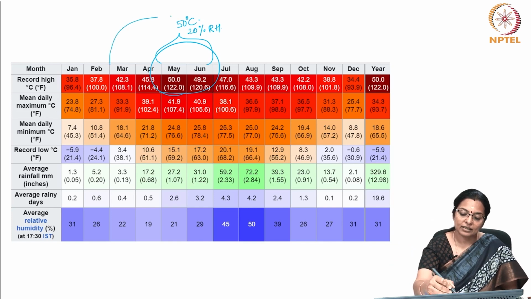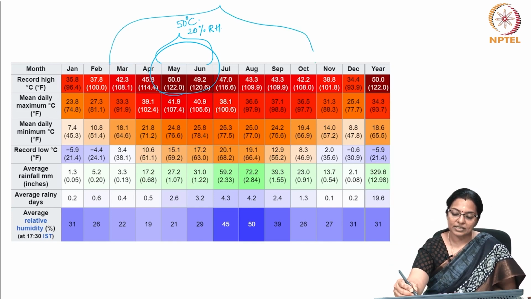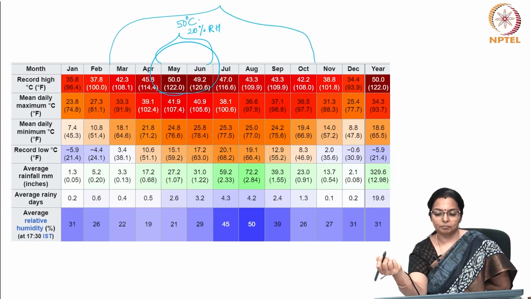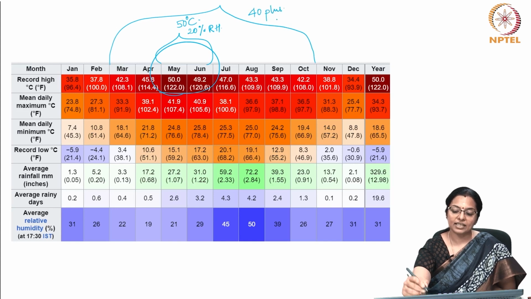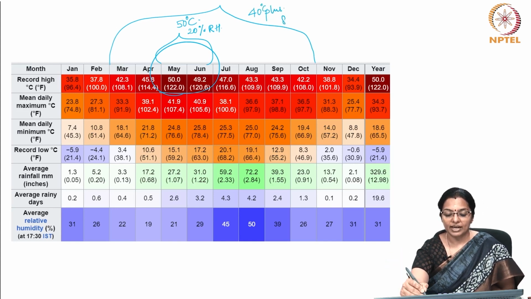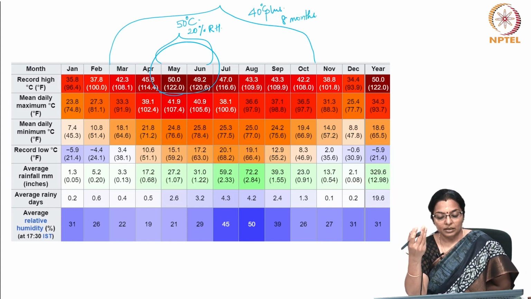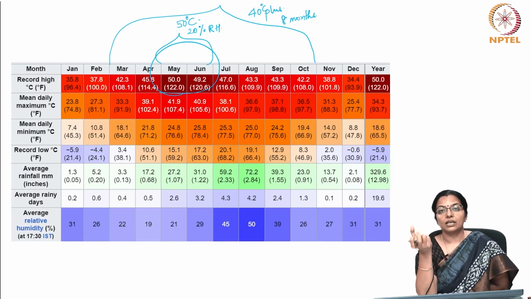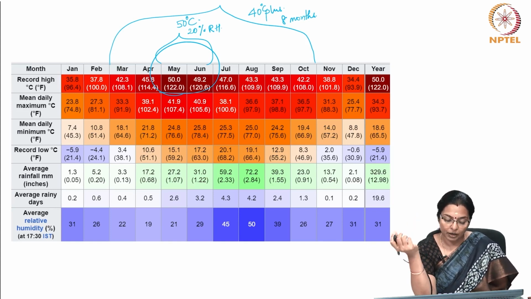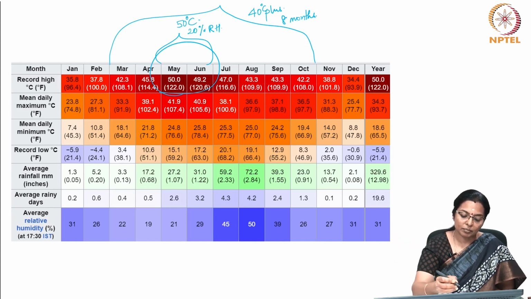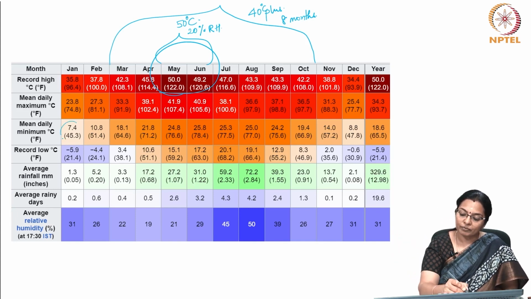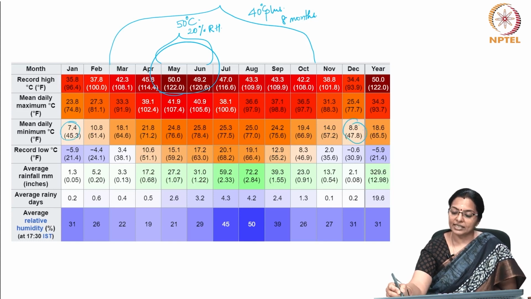You can see that for about 8 plus months, the temperature crosses 40 degrees centigrade. So it shows that the temperature is intensely hot for a larger part of the year. The minimum temperature can go down to 7 or 8 degrees centigrade.